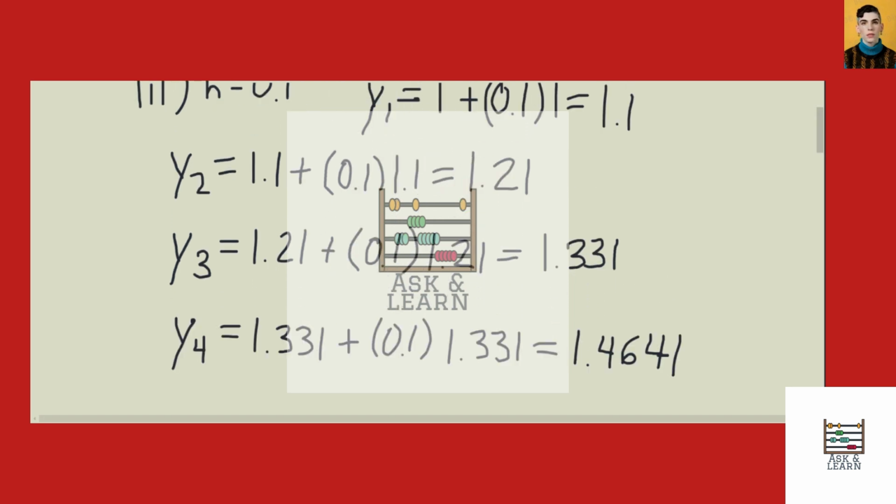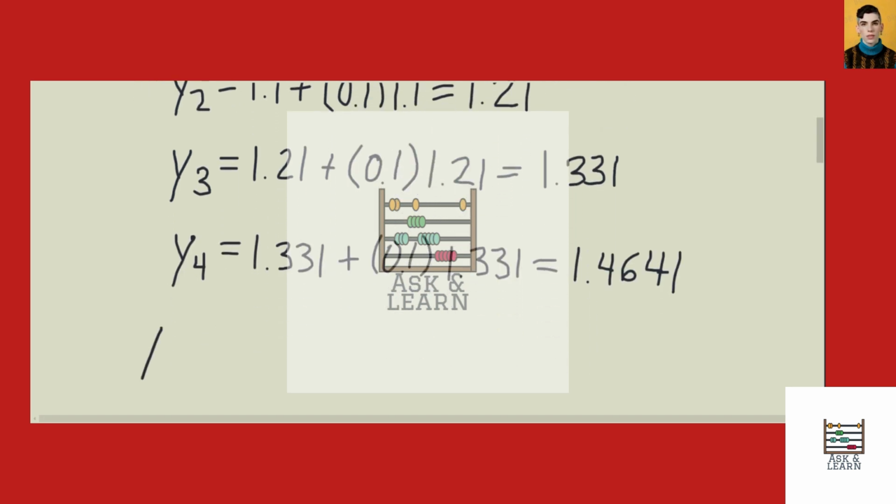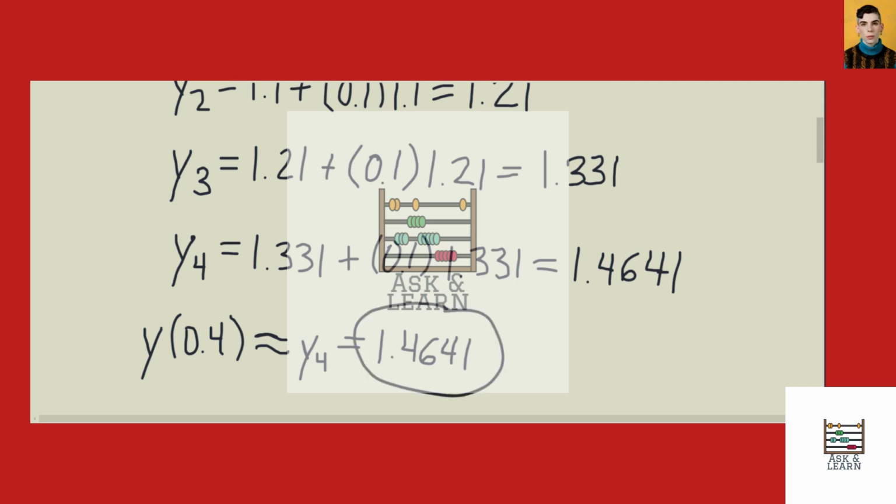And so we have that y of 0.4 is approximately equal to y4, which is equal to 1.4641. This is our answer for part 3.